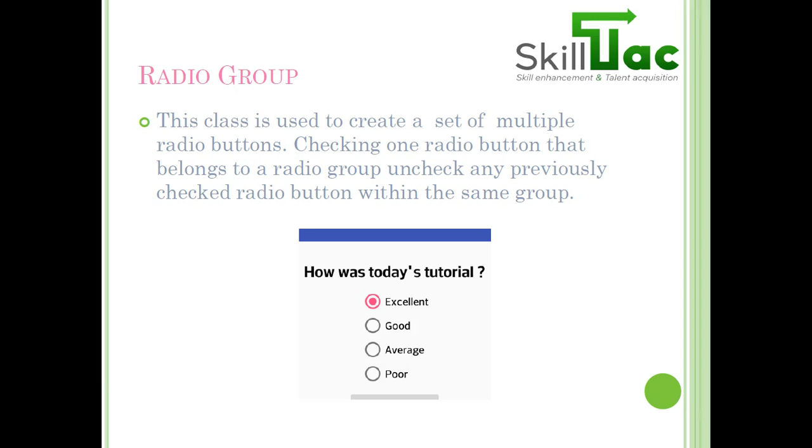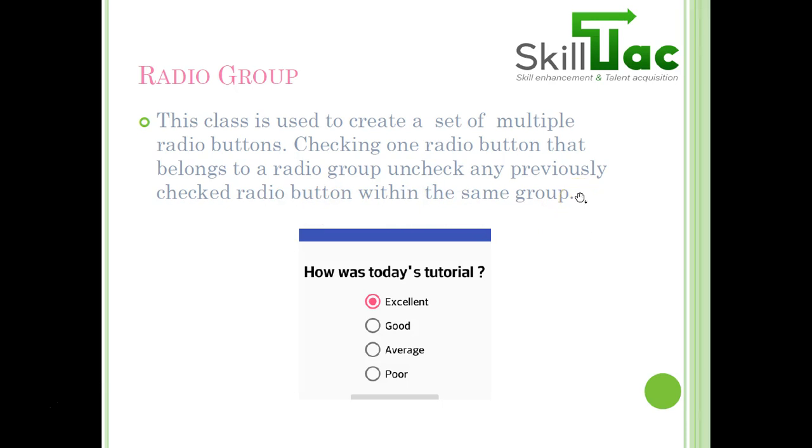If we read the definition for radio group, it says this class is used to create a set of multiple radio buttons. Checking one radio button that belongs to a radio group unchecks any previously checked radio button within the same group.